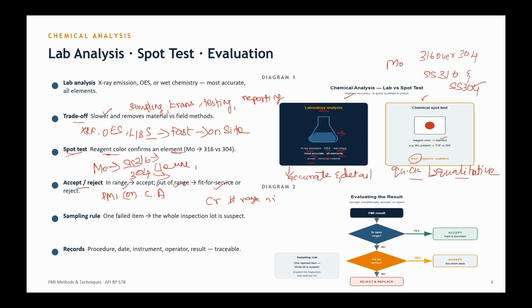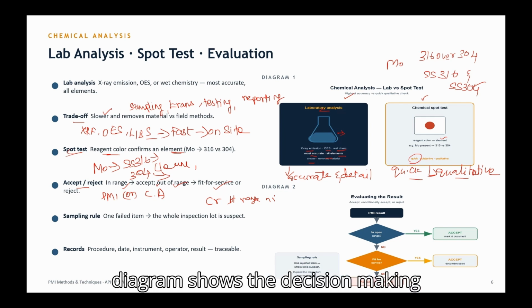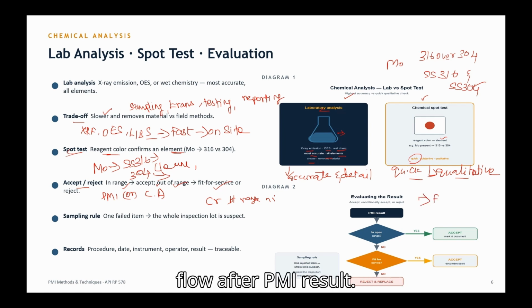Okay. Now let us look at diagram 2. This diagram shows the decision making flow after a PMI result. First we get the PMI result. Then we ask, is the result in specification range?